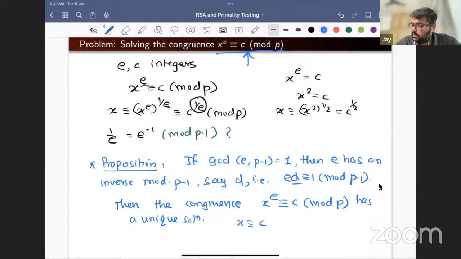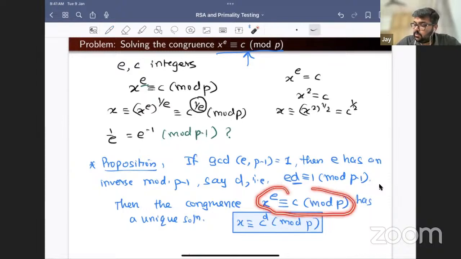The inverse of e is nothing but d. So x is congruent to c to the power d mod p. This is the solution. So if we have a congruence like this, x to the power e congruent to c mod p, and you want to find the solution, this condition is necessary because we want the inverse of e, and we can raise to the inverse of e on both sides to get the solution.